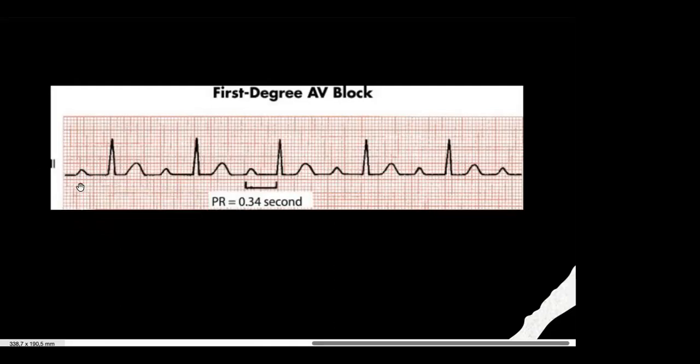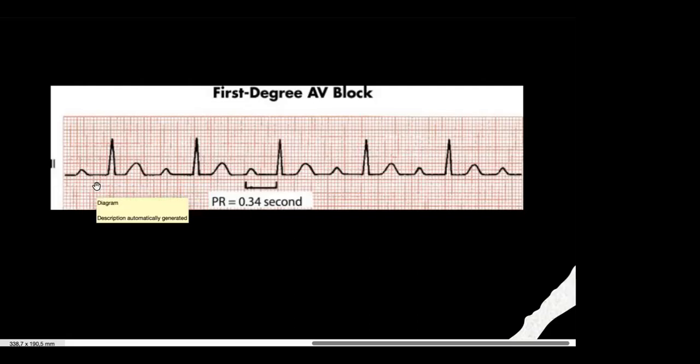So 8 times 40, that's around 320. So this surpasses the threshold, or rather the physiological time that is actually needed.